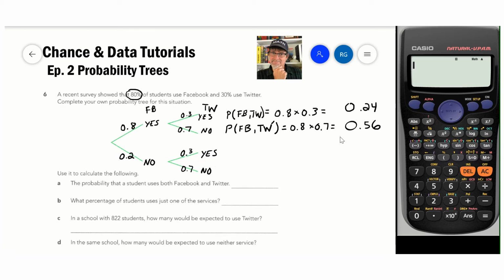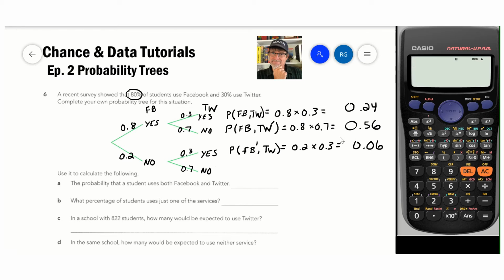Next one, probability it's not Facebook and yes to Twitter. So that's going to be 0.2 times 0.3, and that gives us 0.06.